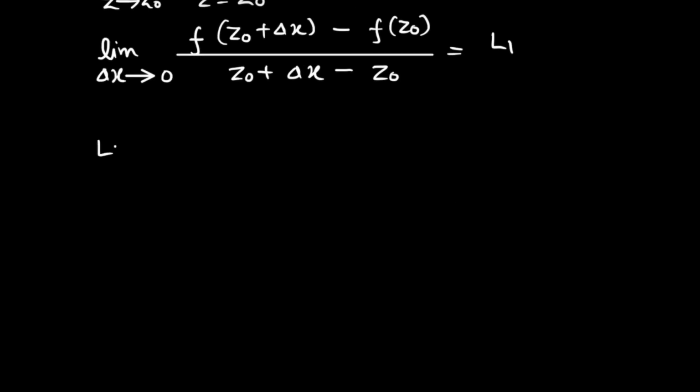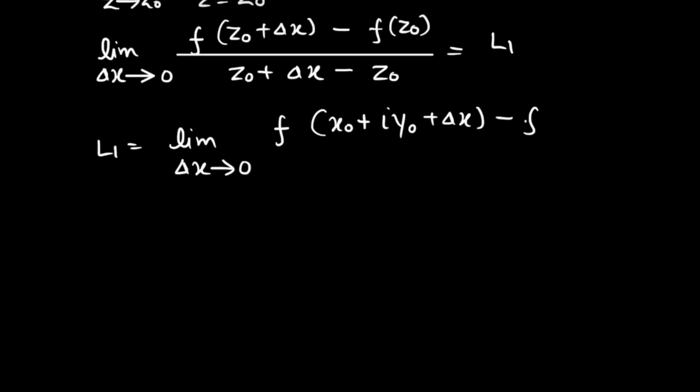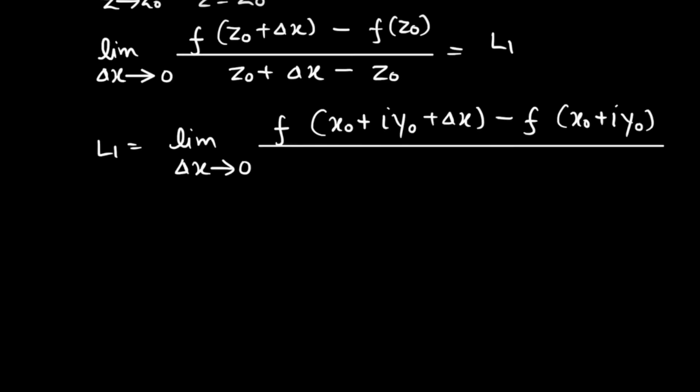Now let's solve. So we have L1 equals limit delta x tending towards 0, f of z naught, which is x naught plus iota y naught, plus delta x, minus f of z naught, which is x naught plus iota y naught, over delta x, since this z naught cancels out. So we have delta x in the denominator.